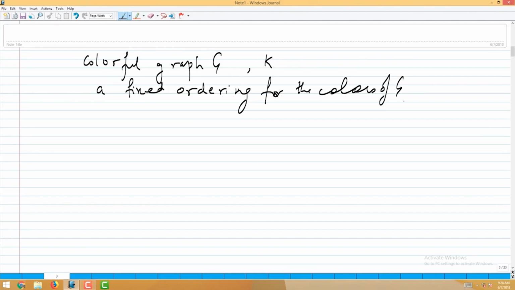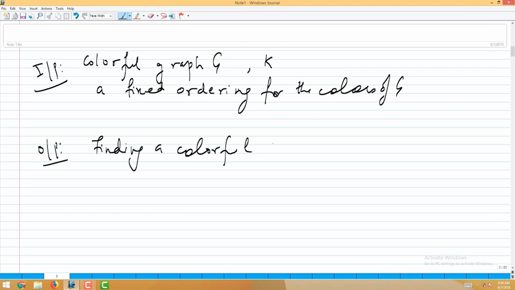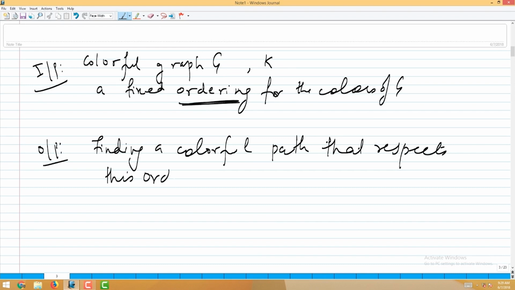And what we are interested in, so let's say this is the input, is finding a colorful path that respects this ordering that is given to you.